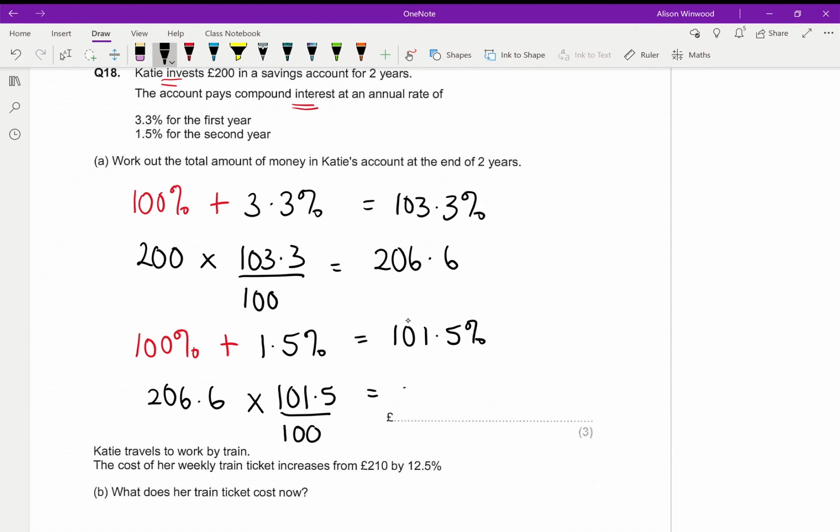Giving her £209.699. Can leave it like that, or we could round it to £209.70. Doesn't matter.